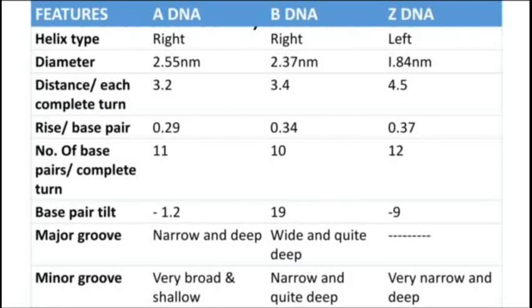The bDNA has a narrow and deep minor groove, whereas aDNA has a very broad and shallow minor groove, and the zDNA has only a minor groove and that is very narrow and deep.